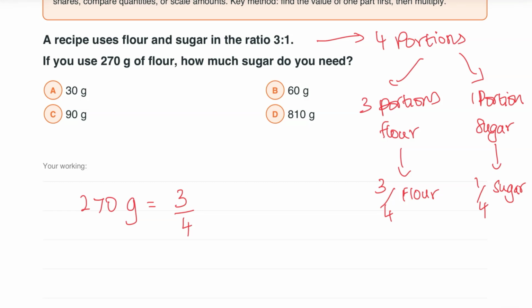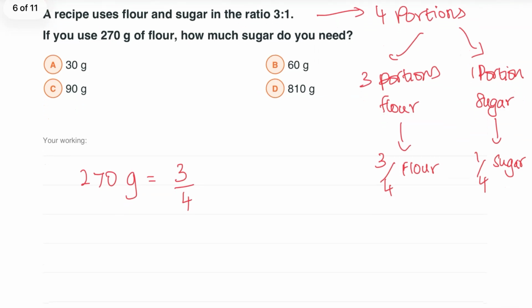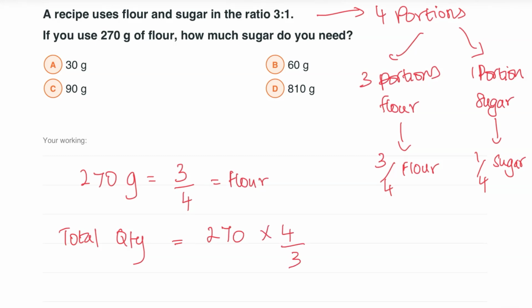That's the simplest thing. Now we'll find the total quantity. If this is for flour, how do we do that? 270 represents 3/4. Now we need to find 4/3. That will be 360 grams. This is the total quantity.